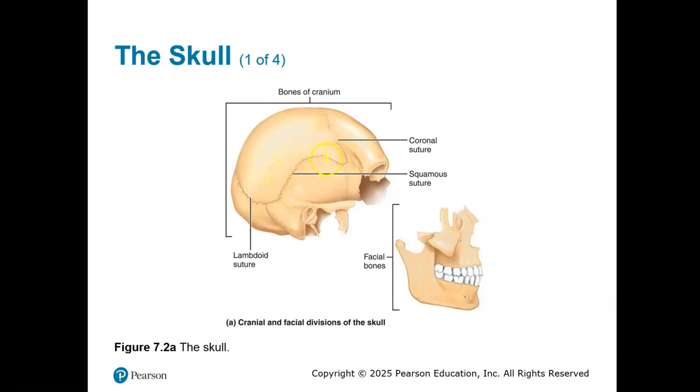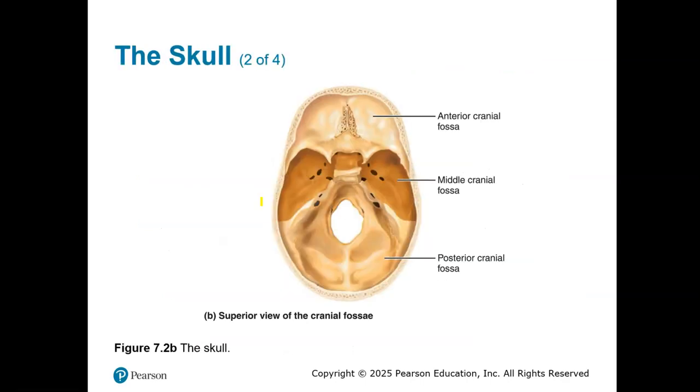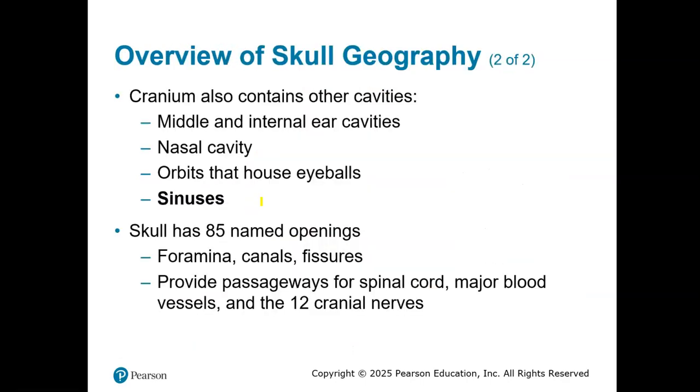This one is the squamous suture, and then the one in the back is the lambdoid suture. The cavities in the cranial bones are called sinuses, or paranasal sinuses.